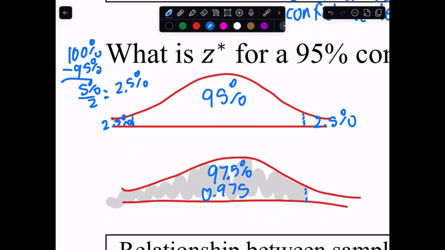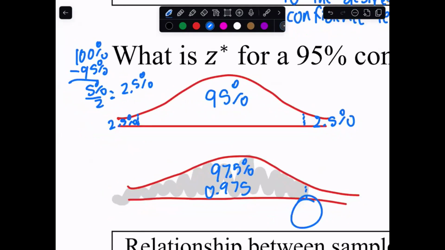Okay, so we're going backwards from normal. Normally, you know the z-score and you look up the area to the left. This time, we already know the desired area to the left, and we need to figure out the z-score. Again, this is not the z-score, this is the area.